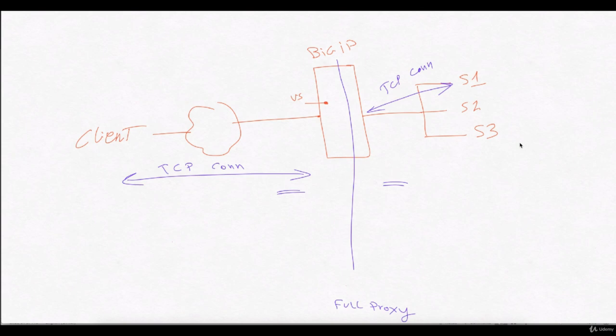You have the flexibility to create a TCP profile, customize the parameters you would like, and assign the TCP profile to the virtual server so that any client connecting to the virtual server will be using the customized TCP settings that you have configured.